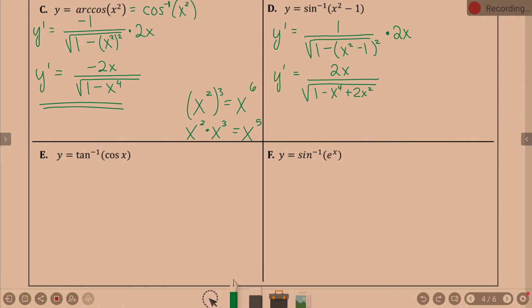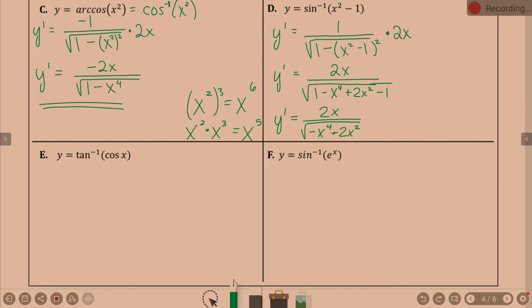Are you tracking with me here? And then when you FOIL minus 1 times minus 1, it's plus 1, but I'm subtracting, so I'm minusing 1. So I FOILed and applied the minus sign all at the same time, if you guys are okay with that. Under the radical, this cleans up to be negative x to the fourth plus 2x squared.